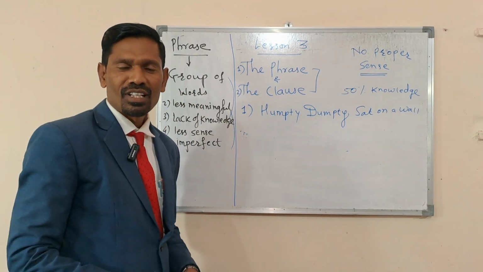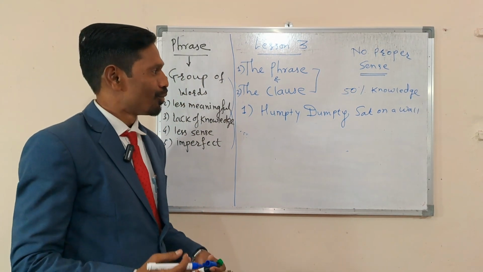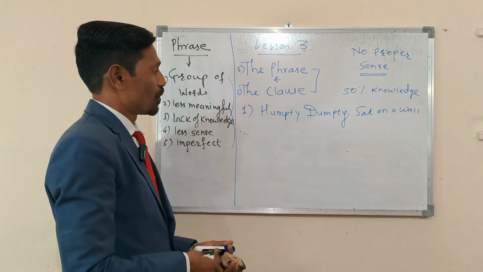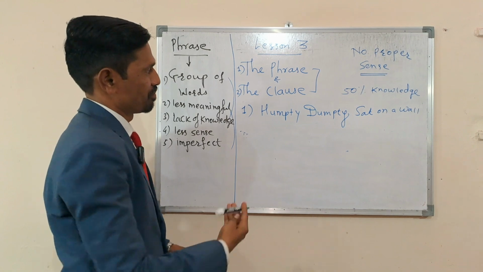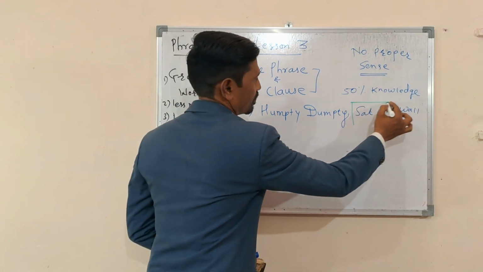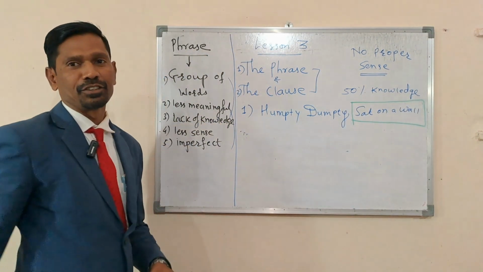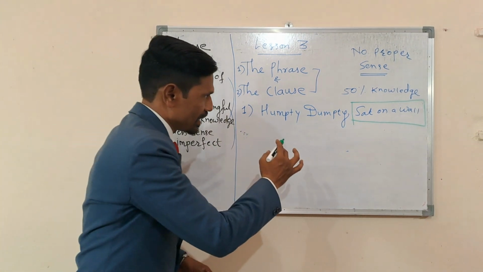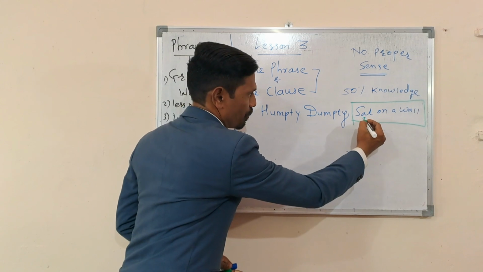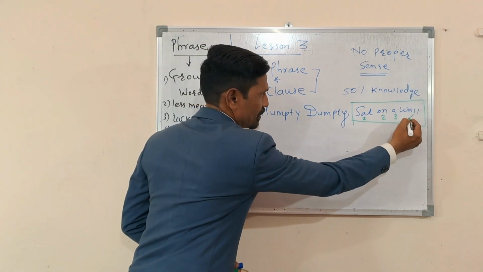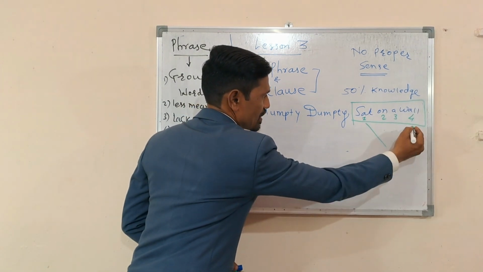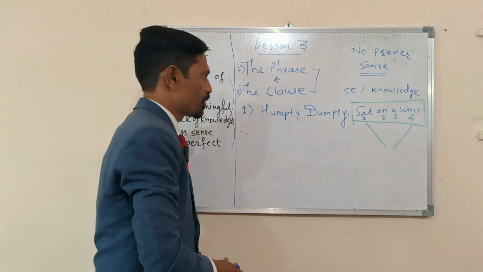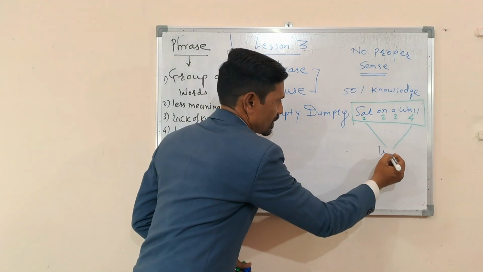In this sentence, where is the phrase? Sat on a wall. It is a phrase, a combination of these four words.